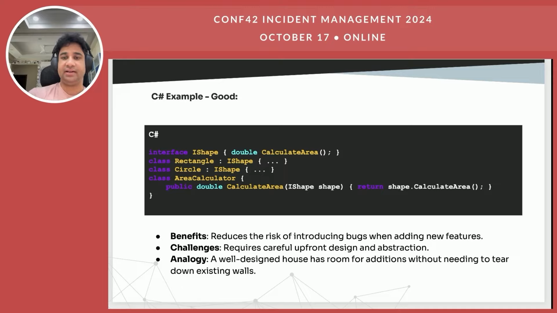When we create another class like a triangle, it extends from IShape, but it implements the calculate area in itself. So in the area calculator, you don't really have to care about pi or height or width because they are meaningless there. And those details are abstracted out inside the specific classes of rectangle, circle, and triangle. And the implementation is forced by inheriting from the interface.